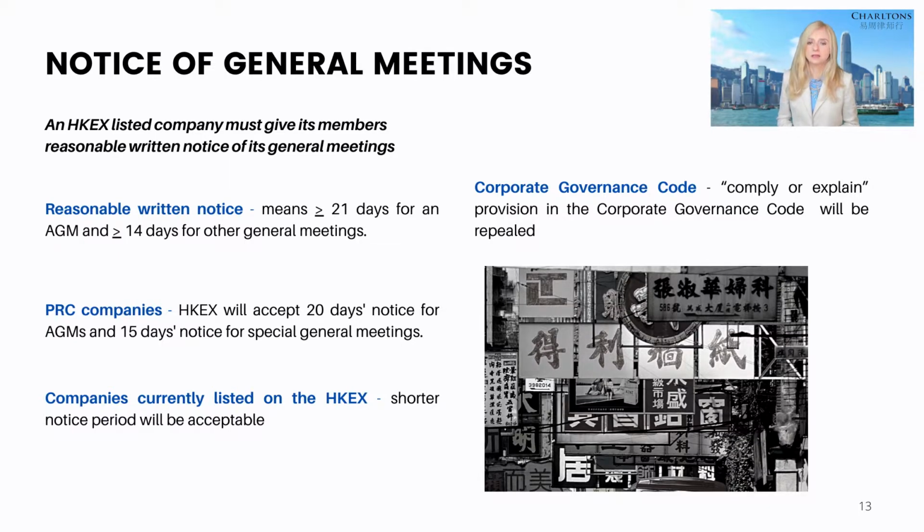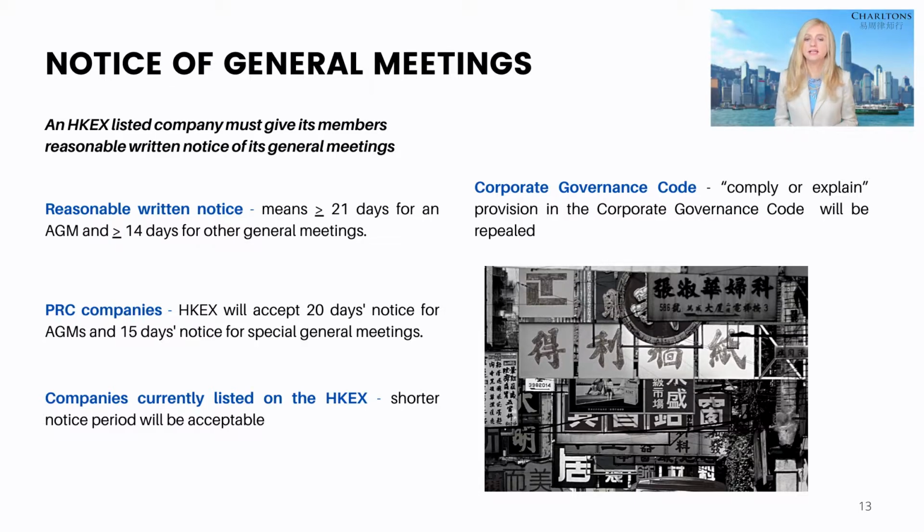Except for PRC companies on the Hong Kong Exchange, the Exchange is proposing that all listed companies will have to give at least 21 days notice for an AGM and at least 14 days notice for any other shareholders meeting. For PRC companies listed on the Exchange, it will consider 20 days notice for annual general meetings and 15 days notice for special general meetings acceptable.